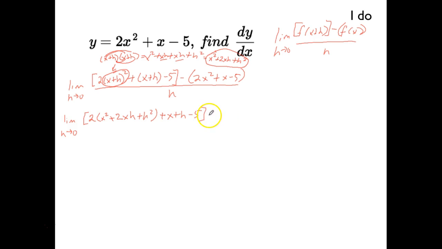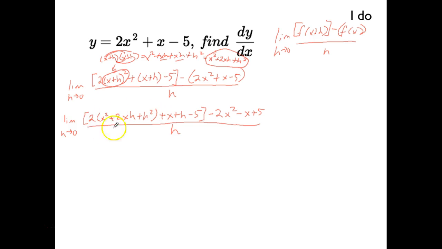That's that whole bracketed area. And then I'll just distribute this negative into all these things right here. So negative 2x squared minus x plus 5, all over h. Okay, notice I still can't plug in the 0 for h yet.